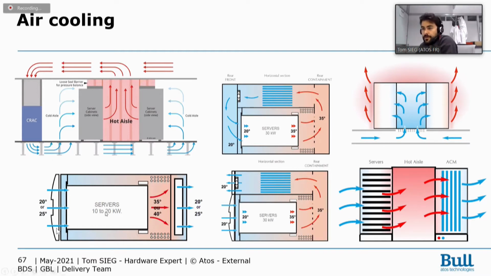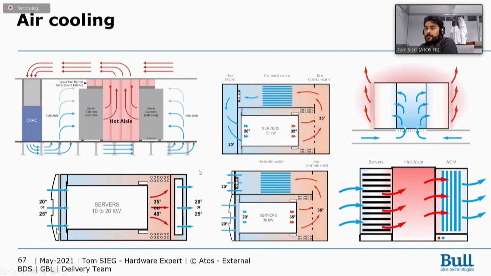Of course, if you have a complete server rack at, I don't know, 70 or 80 kilowatts in total, of course the water cooler will not be enough to exchange the heat correctly. So you will need a global air-cooled system to cool the remaining, I would say, 10 or 20 degrees hot left.